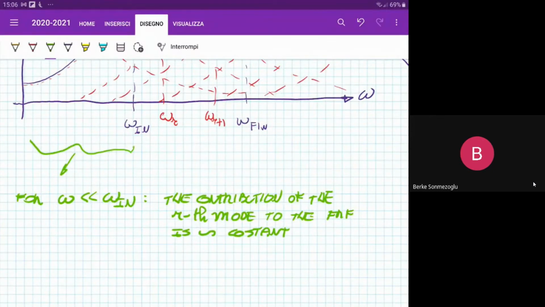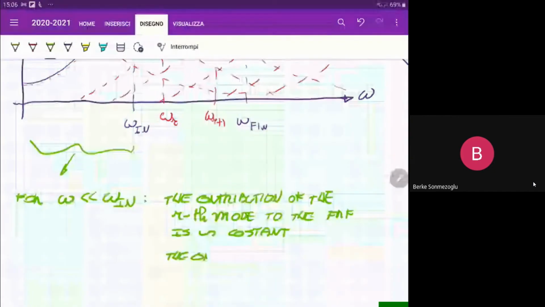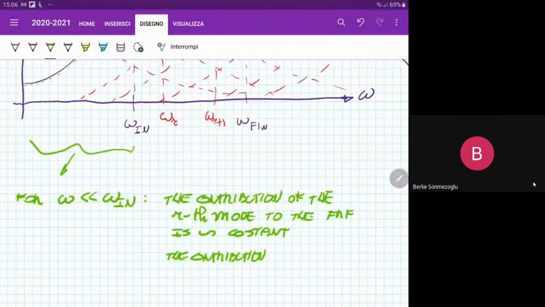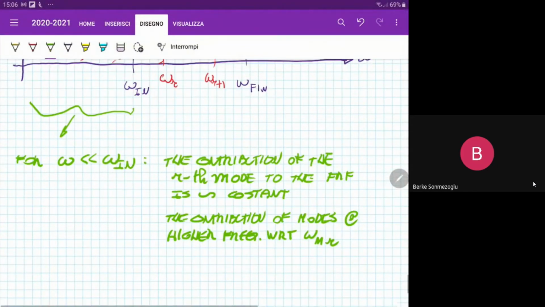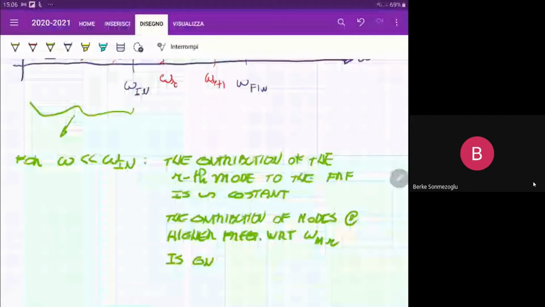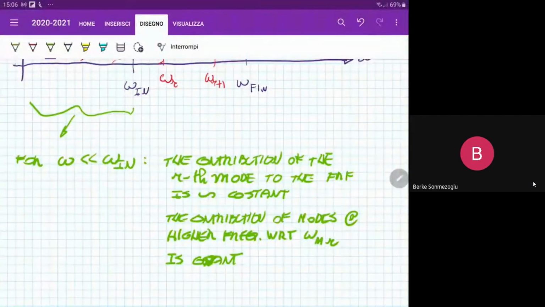Whereas the contribution of modes that are at higher frequency with respect to your natural frequency R is constant. Let me write that better.